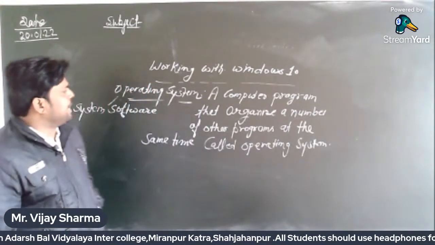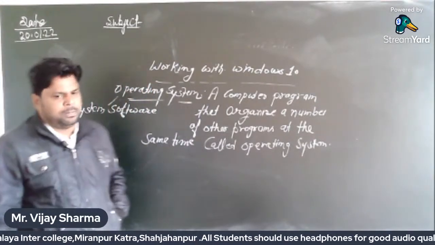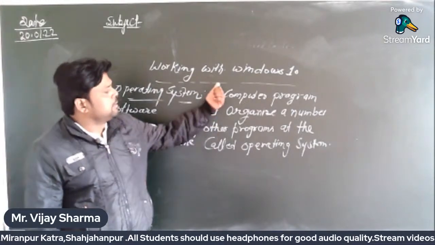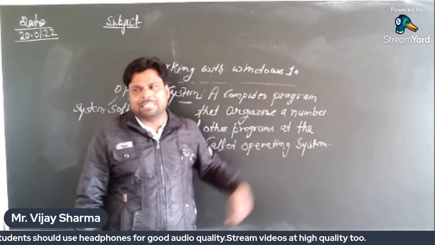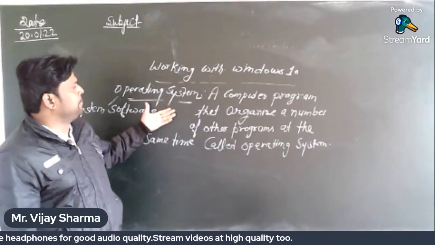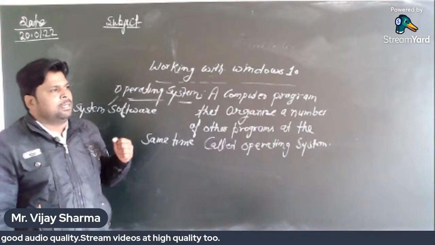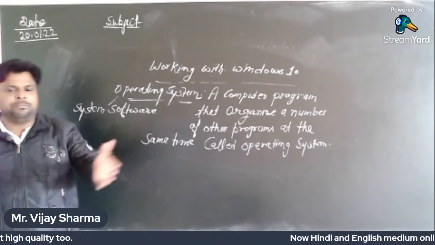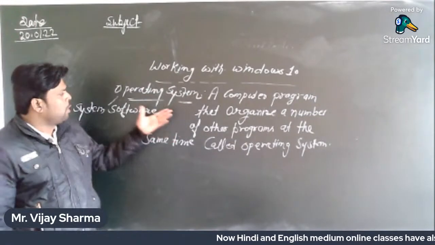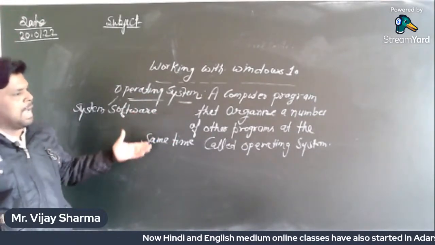So this is the definition of an operating system, and also of Windows 10. Windows 10 is the operating system which helps the user to communicate with the machine. Without an operating system, it is an iron dead body.